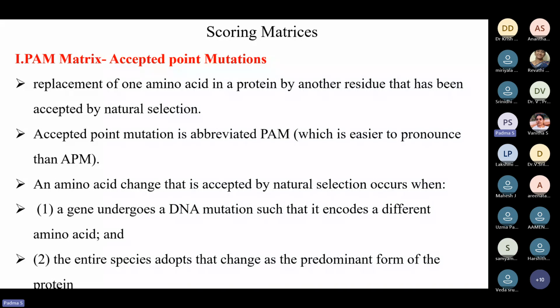So what do we mean by the mutation? Going back to our earlier classes where we discussed the alignment of sequences, we have seen how the nucleotide sequences are aligned.